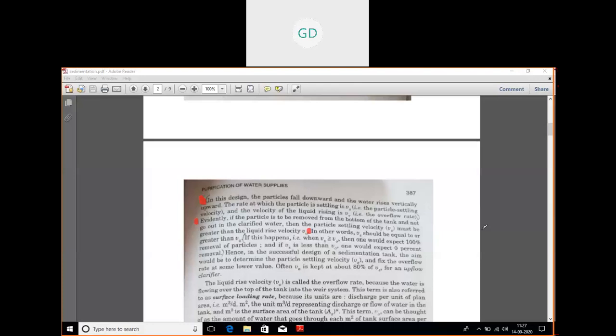That means the impurities cannot be expected to get removed. You can remember the important condition: if Vs is greater than or equal to V naught, then 100% removal of particles can be expected.